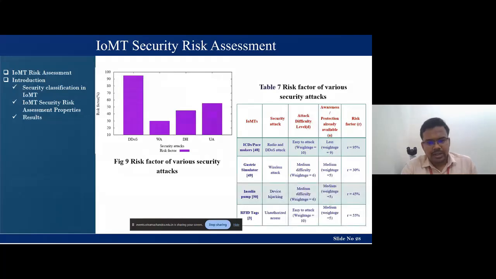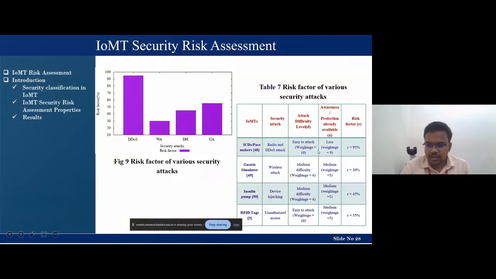Okay, so by classifying and analyzing these 23 medical devices and their security attacks, we were able to get the high impact creating security attack. So here is the risk factor for various security attacks on the medical devices. Compared to other devices and attacks, the ICDs and pacemakers with radio and DDoS attack get the high risk factor, that is 95% risk factor, compared to the catheter simulator, insulin pump or RFID attacks.